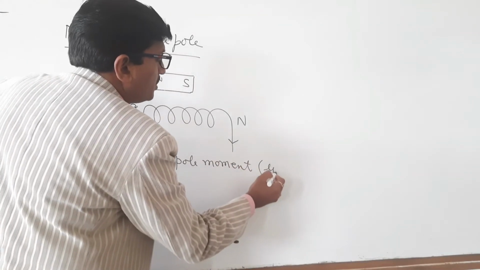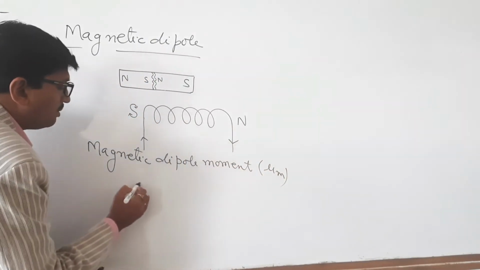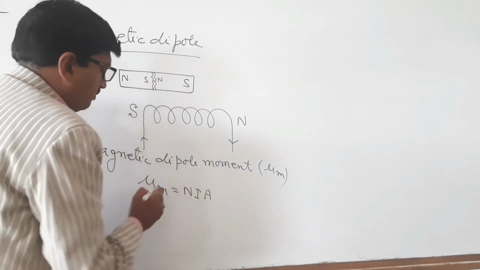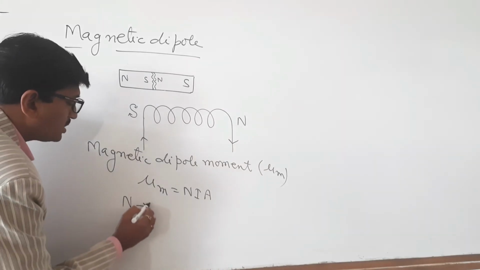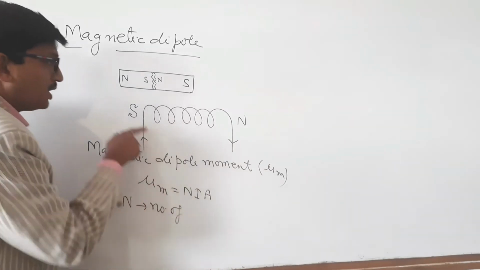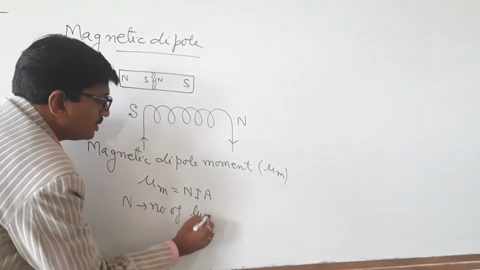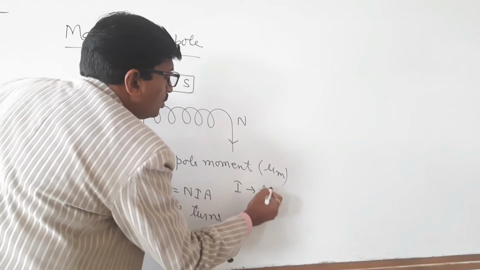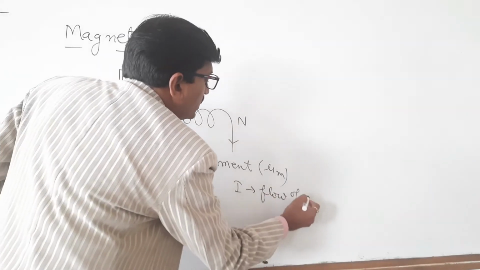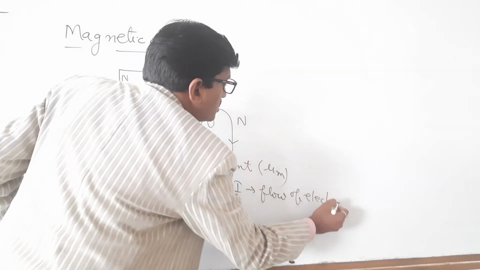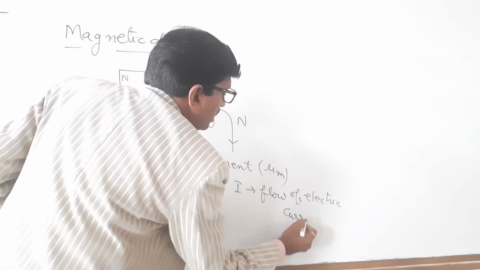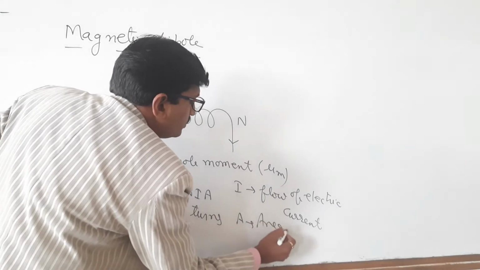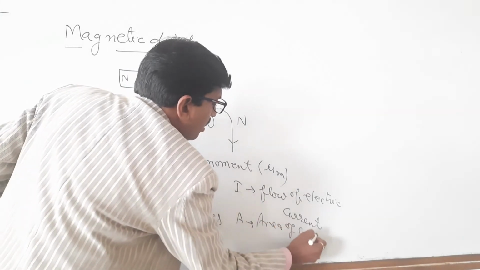Magnetic dipole moment is represented by mu m, and mu m is equal to NIA, where N represents the number of turns, I is the flow of electric current, and A is the area of cross section.